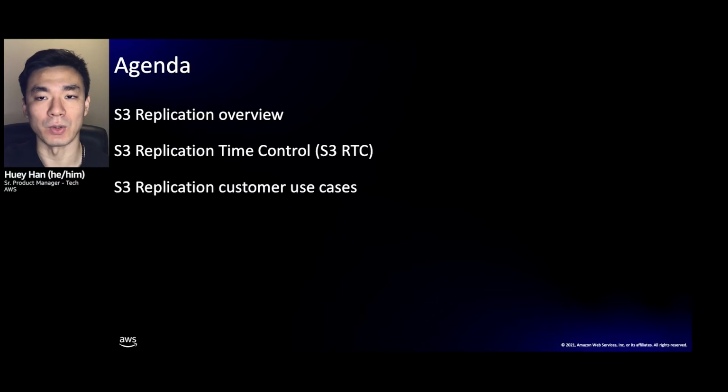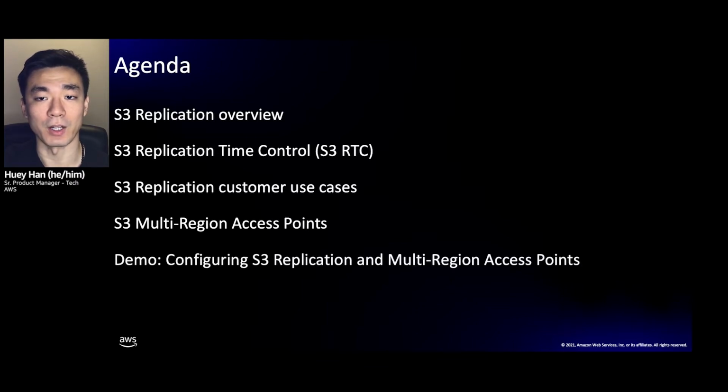We're going to talk to you about some customer use cases for replication. And then we're going to introduce you to this new exciting feature we just launched called multi-region access points. We're going to show you a demo of how to configure S3 replications and multi-region access point. And then we're going to wrap it up with some summary and questions.